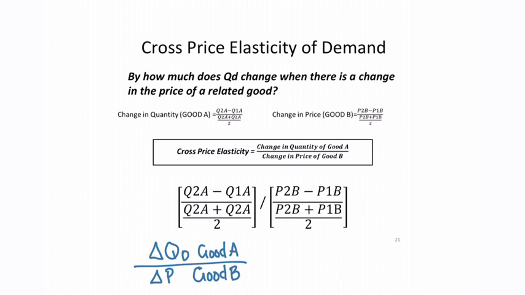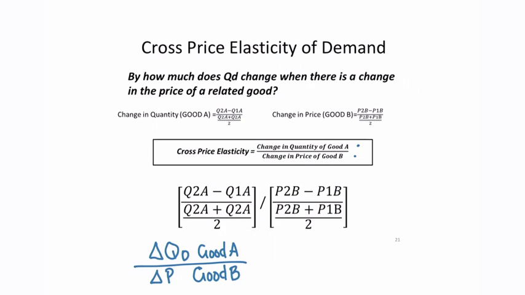And this will all be divided by the change in the price of good B. So P2 for good B minus P1 for good B divided by P2 for good B plus P1 for good B divided by 2. So we take the change in the quantity of good A divided by the change in the price of good B, and this will tell us by how much quantity demanded for good A changes when there is a change in the price of good B.